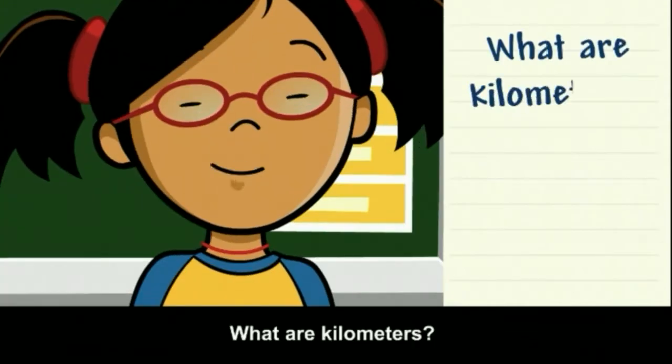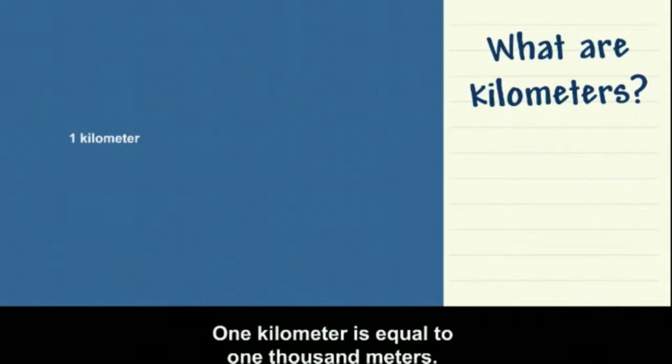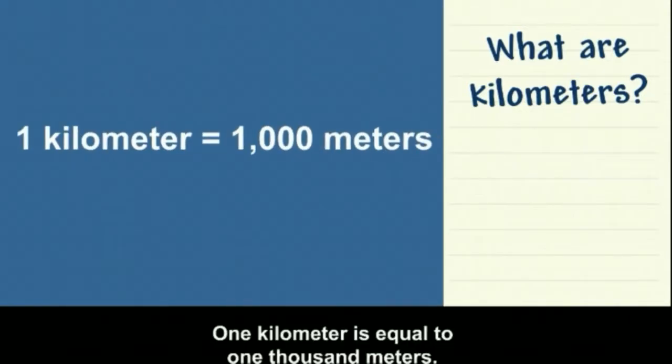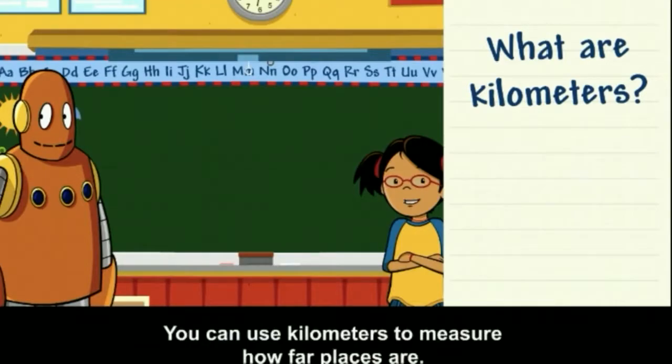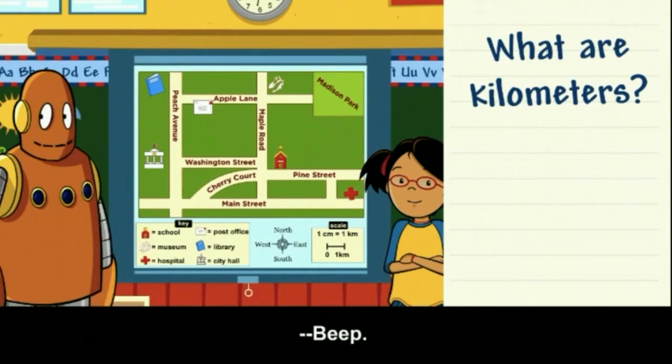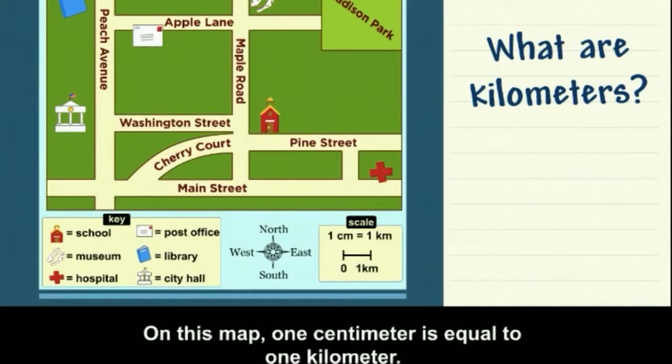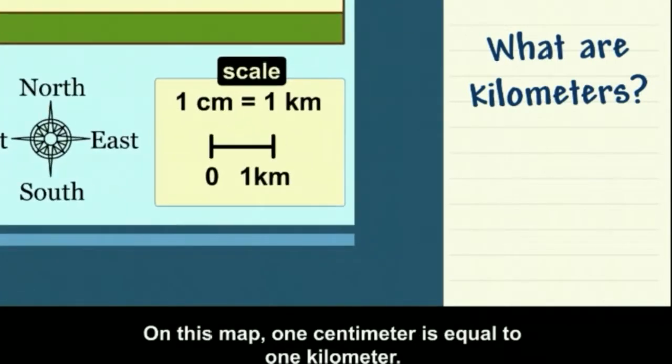What are kilometers? 1 kilometer is equal to 1,000 meters. You can use kilometers to measure how far places are. On this map, 1 centimeter is equal to 1 kilometer.